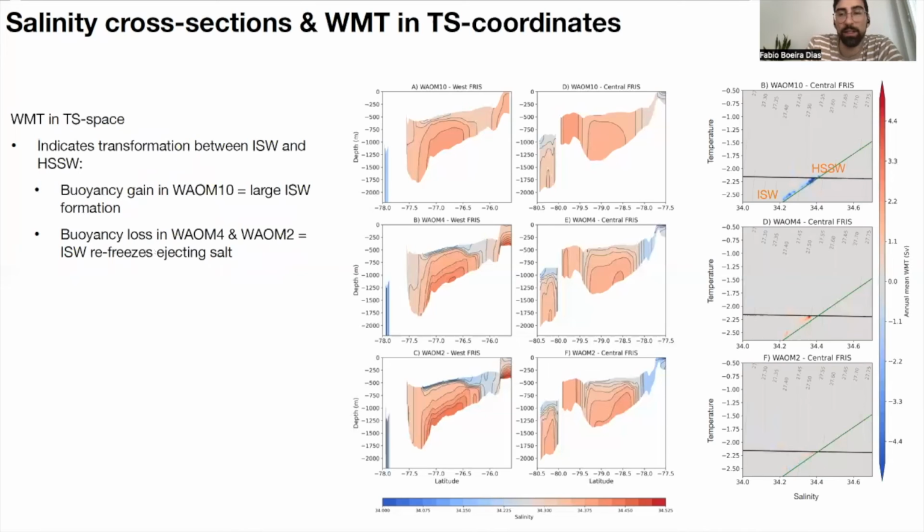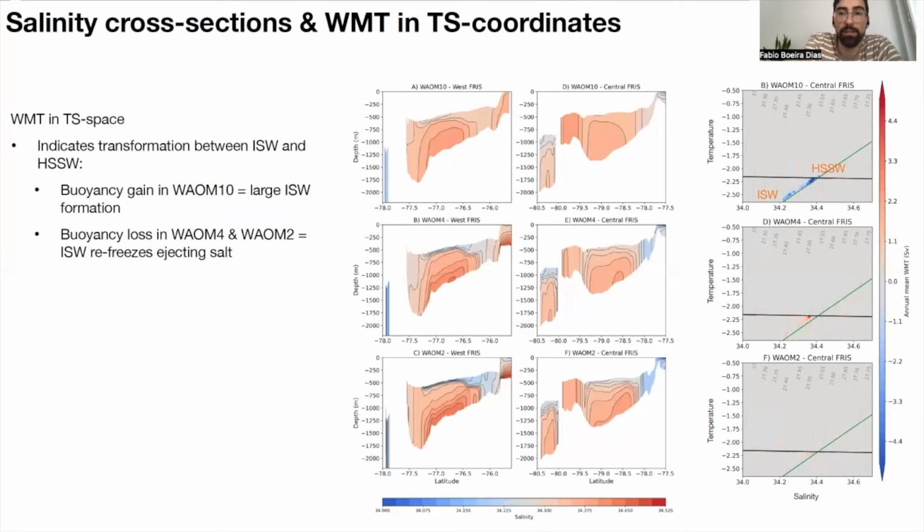To understand a little more what these regions mean for actual water mass transformations, you bin the transformations this time into temperature and salinity space, which is the figure on the right, and you use the central transect for that.